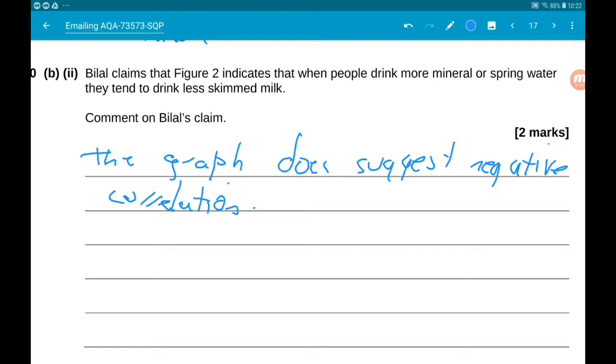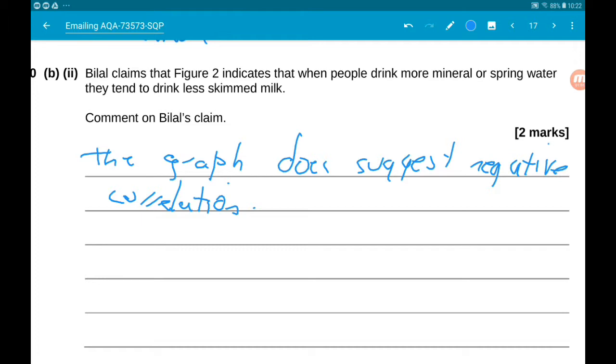Now, the graph only shows us information about the regions, not individual people. It doesn't tell us anything about their drinking habits. It only shows purchased quantities.